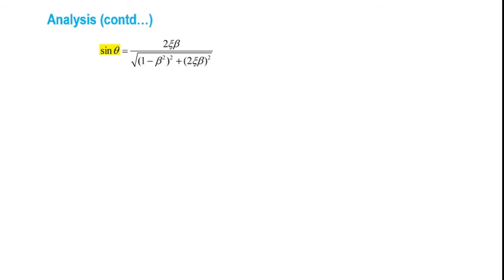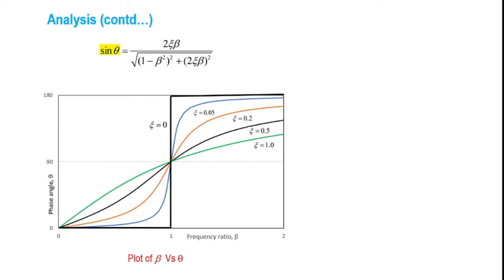Now let us go a little deeper into the phase angle. In the earlier slide, we defined the phase angle theta, which is the angle by which the response of the system lags behind the applied force. And we derived sine theta equal to 2c beta divided by square root of (1 minus beta square) the whole square plus (2c beta) the whole square.